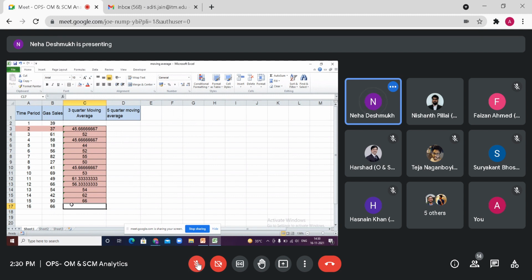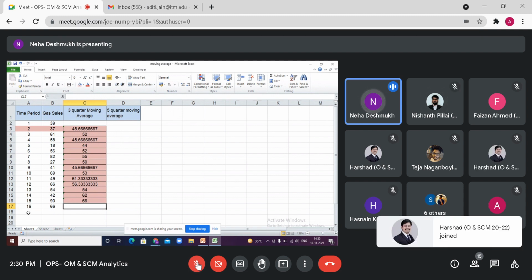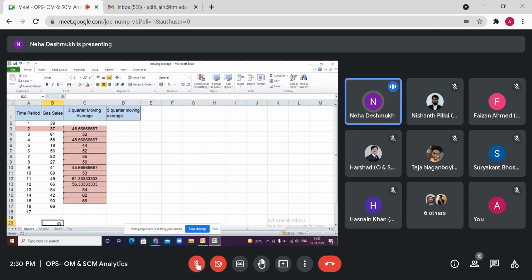See, this is the 16th time period, and I want to forecast for time period 17. Then I can drag this formula for the next value also. So this will be my expected or predicted value. Yes, class. Are you with me?